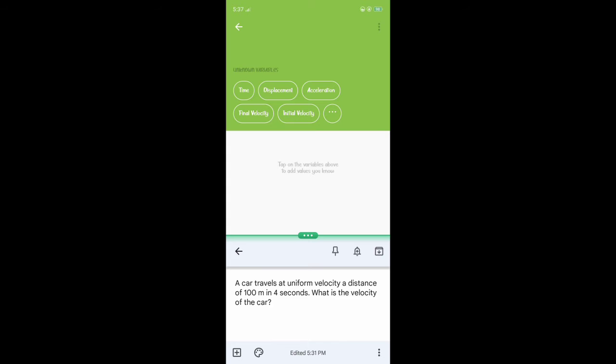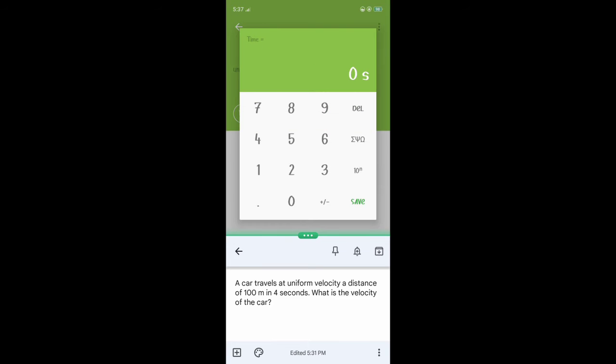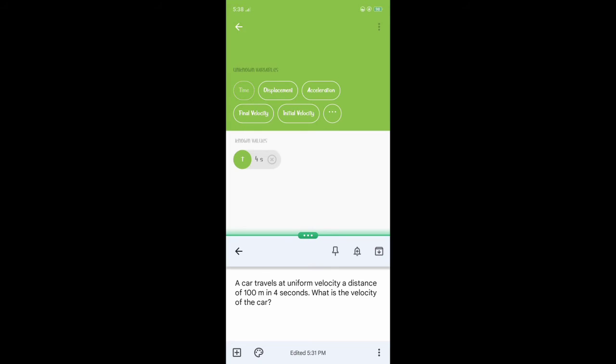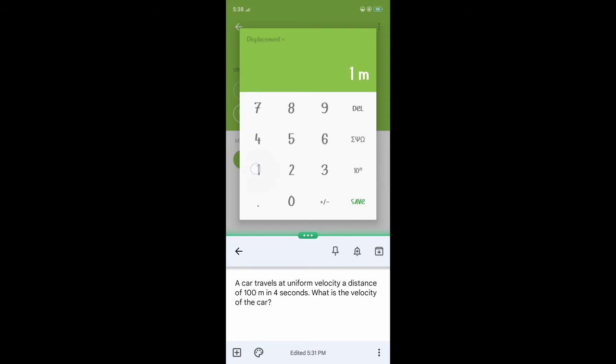So our time is, let's substitute the value, 4 seconds. And next, our displacement is 100 meters.